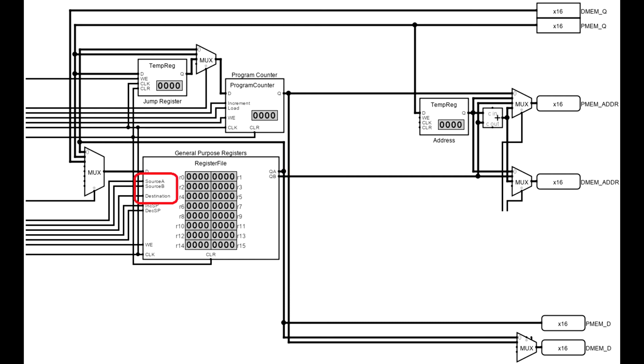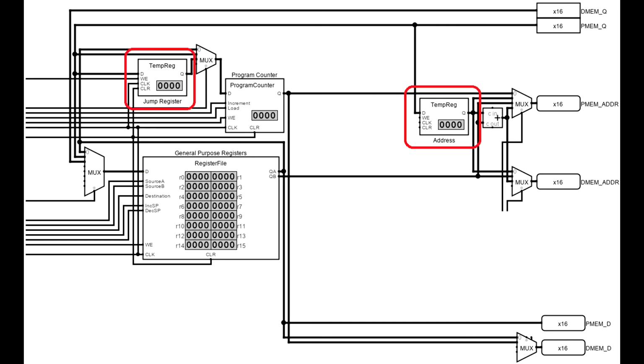The register file has 3 address inputs, 1 address for each of the data outputs and 1 address for the data input. These fields specify the register that data is to come from or go to. Each register has a unique address, and there are enough registers to use up all of the available addresses.